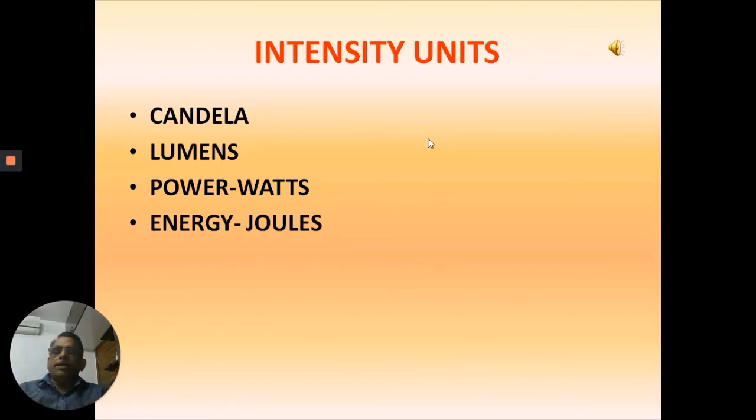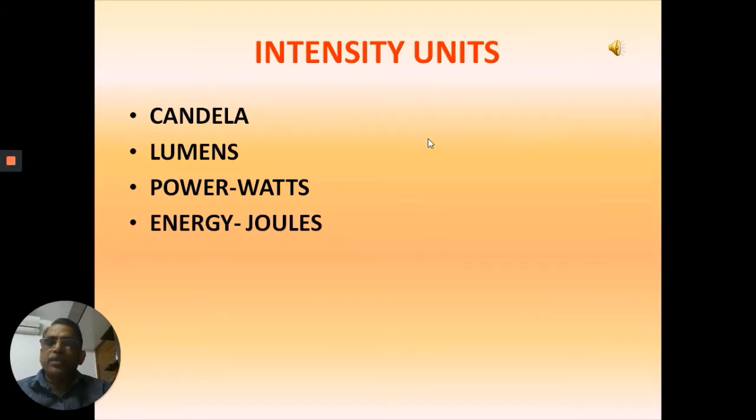So, candela is the general unit. Candela derives from the candle. One candle light intensity is called a candela. And this is the unit used in the representation of lighthouse intensities. When you see the lighthouses at the harbors or seaports, you always see that the lighthouse intensities are represented as how many candelas they use.